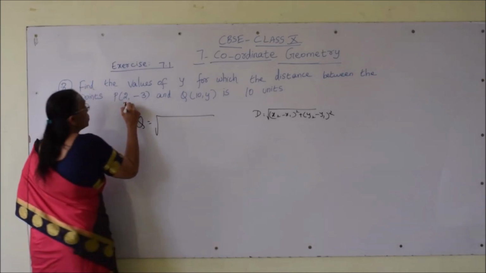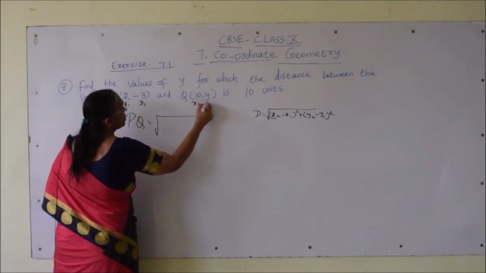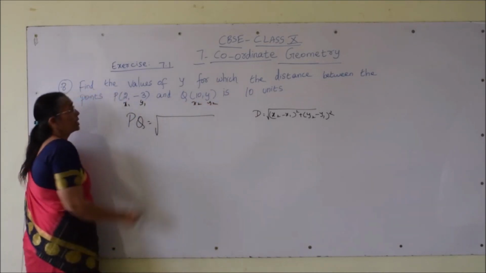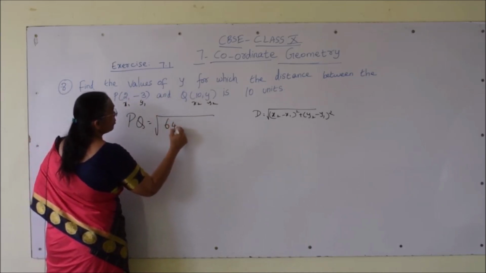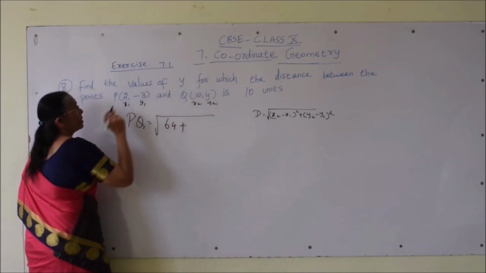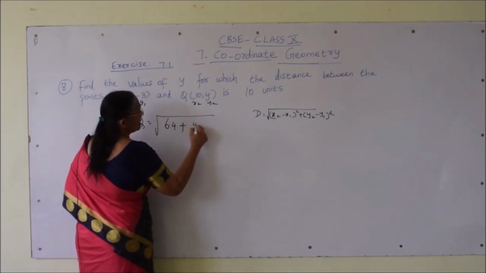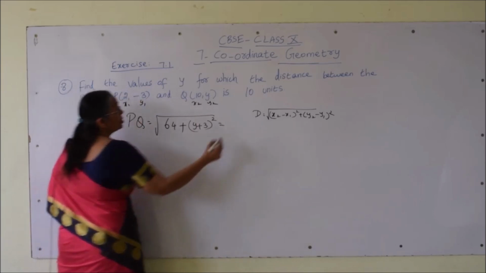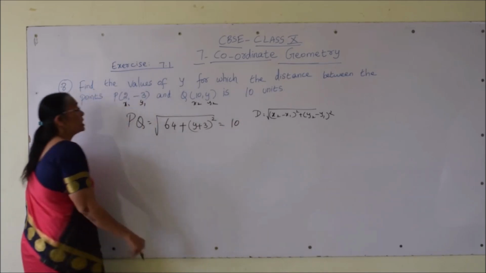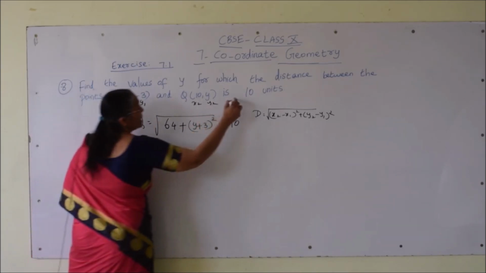So, x2 minus x1, 10 minus 2, 8 square, 64, plus y2 minus y1, y minus of minus 3, (y plus 3) whole square is equal to 10 units. The distance between the 2 points is given as 10 units.